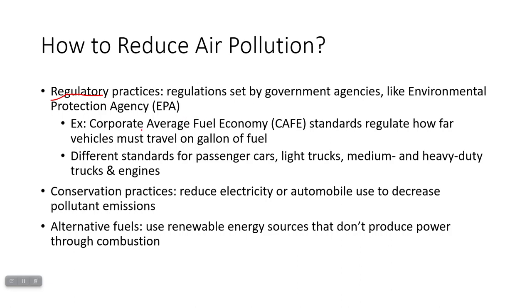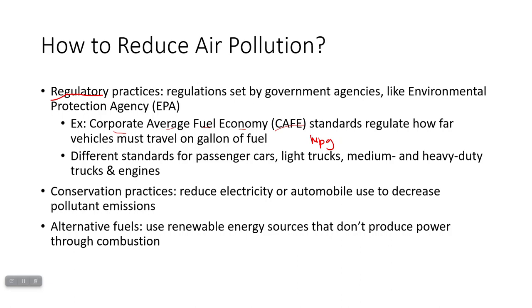One example is the CAFE standards, or corporate average fuel economy standards, which regulate how many miles per gallon a vehicle can get. They set a minimum standard, and every vehicle that is produced or sold in the United States as a new vehicle has to meet those standards.